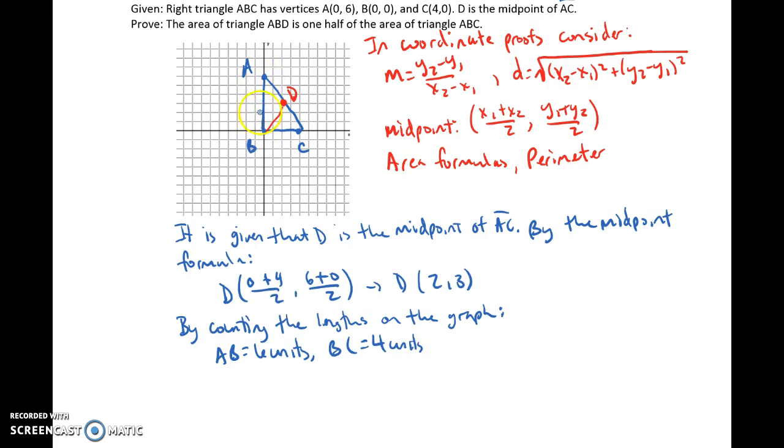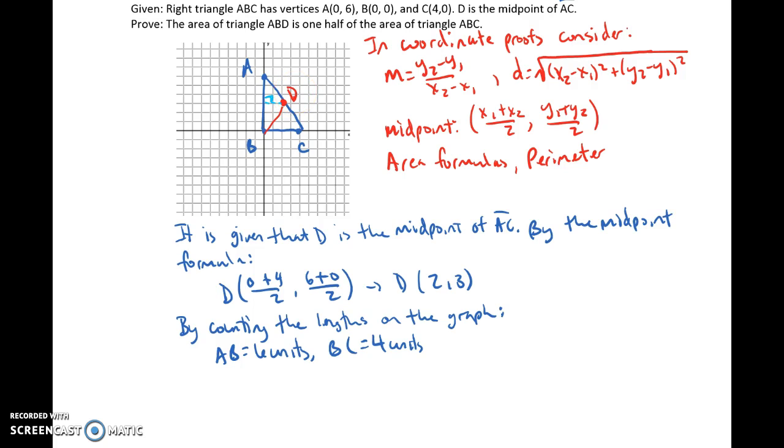For the smaller triangle ABD, you might think, well, wait, where is that right angle? Well, consider taking D all the way down to AB, and isn't that a right angle right there because it's horizontal and vertical? So that makes AB the base, and then this little light blue segment the height.